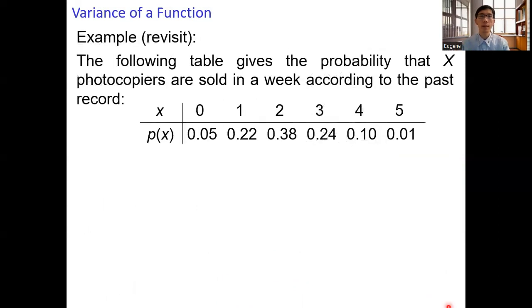Let's revisit the example that we mentioned in the previous video. The following table gives the probability that X photocopiers are sold in a week according to the past record, and we have the following PMF. We obtain the expected value of X equals 2.15.